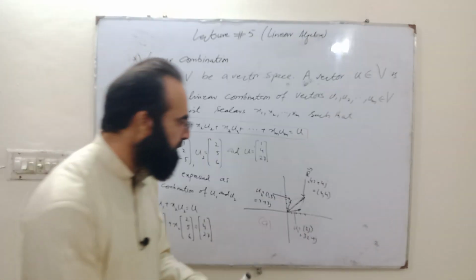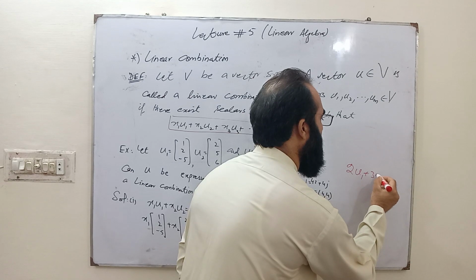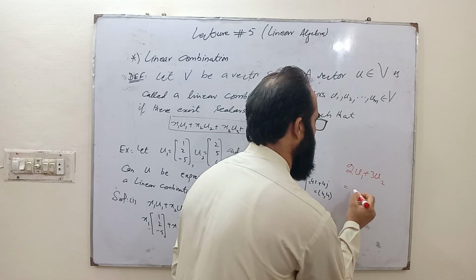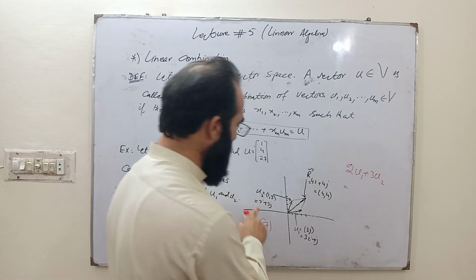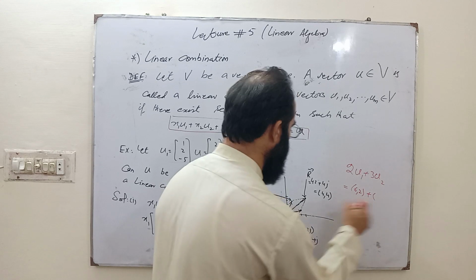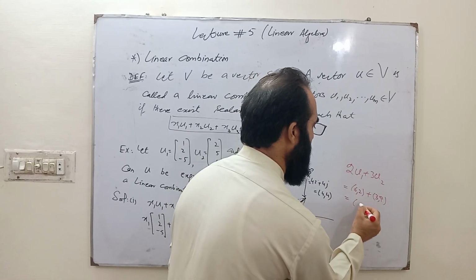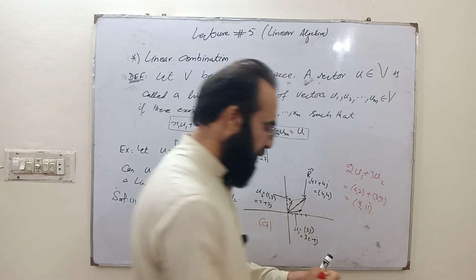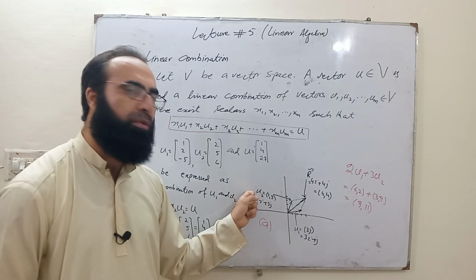For example, 2u1 plus 3u2: 2u1 is basically 6, 2 plus 3u2 is basically 3, 9, and this gives us 9, 11. So this one is also a linear combination of these two vectors.